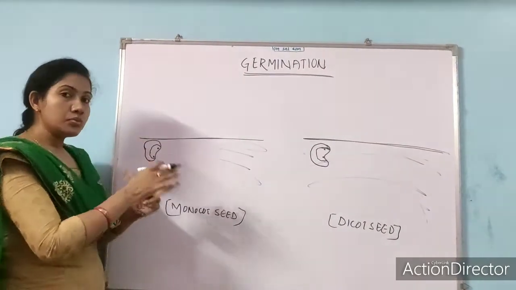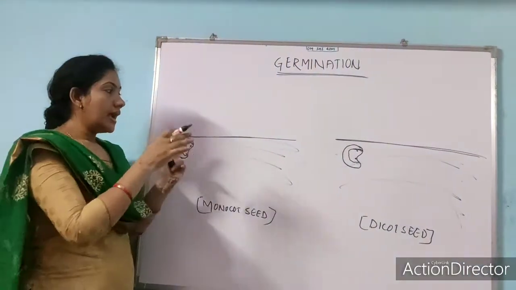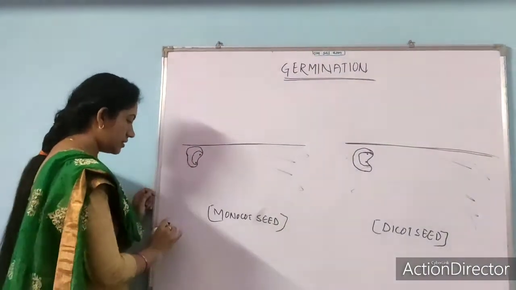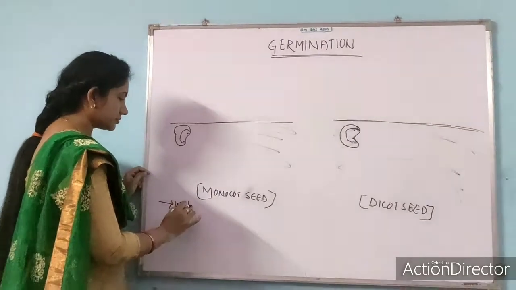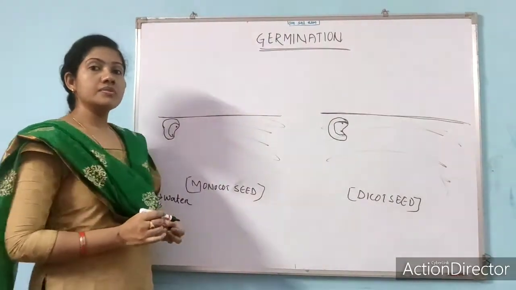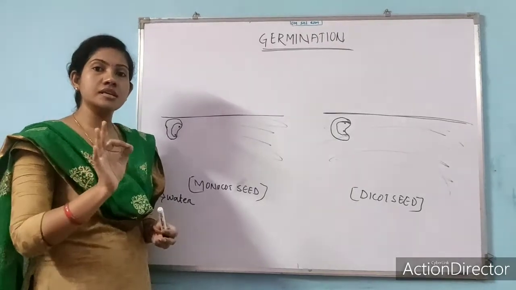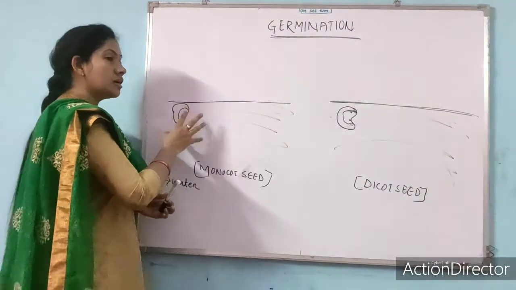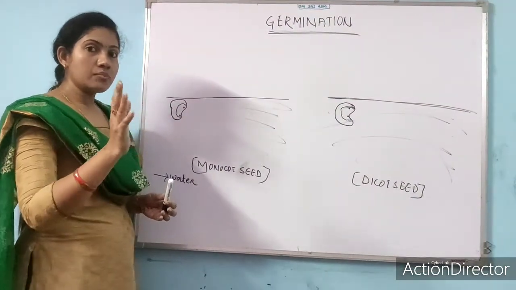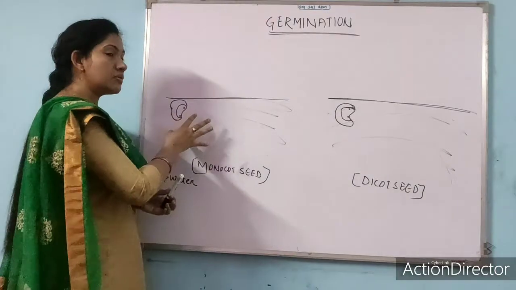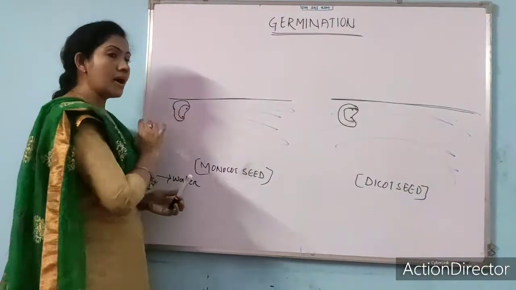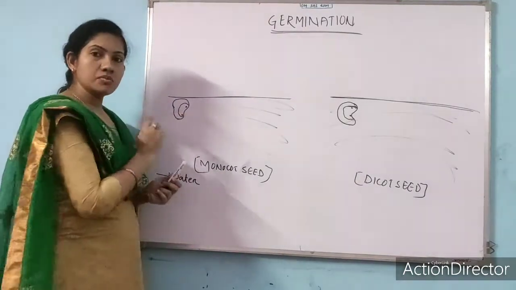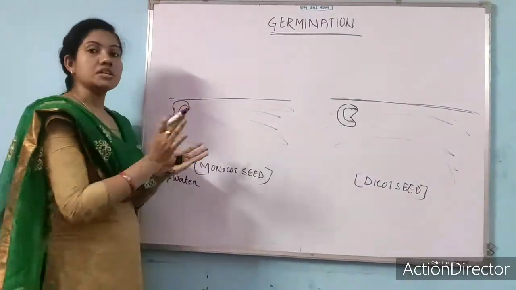So when we put these seeds inside soil, we will provide water. One more condition I am writing: first, water. Water is very essential, very necessary for the germination of a seed. Why? Because we have already discussed the micropyle, or micropyle pore. When we apply water, the micropyle pore of the seed will absorb water, and after absorbing water, the seed coat will burst.